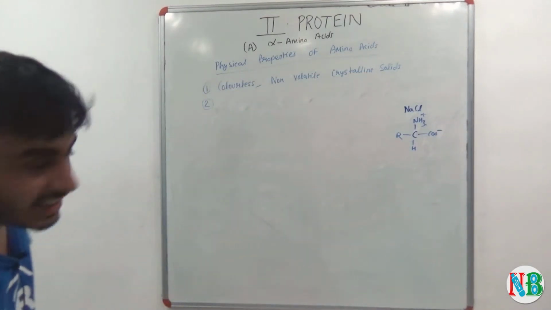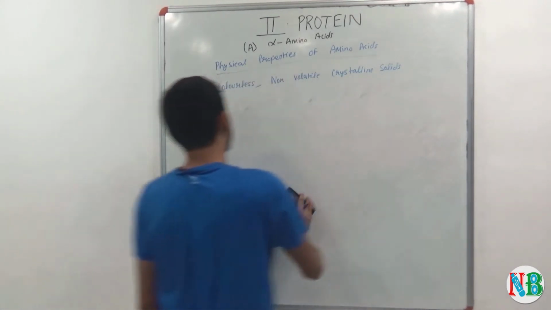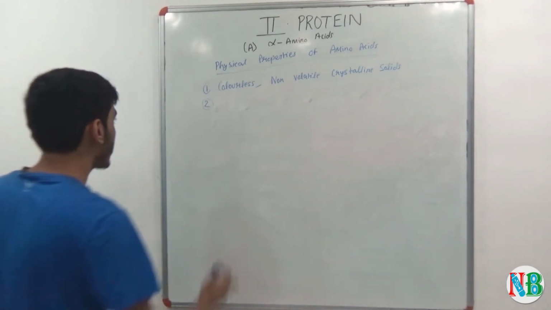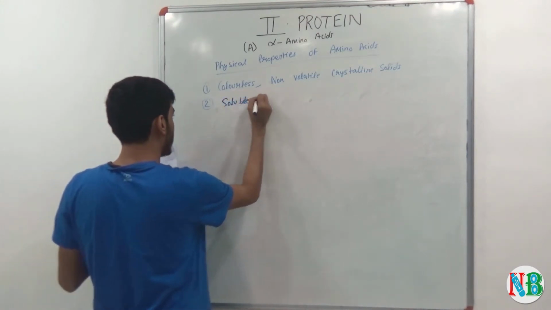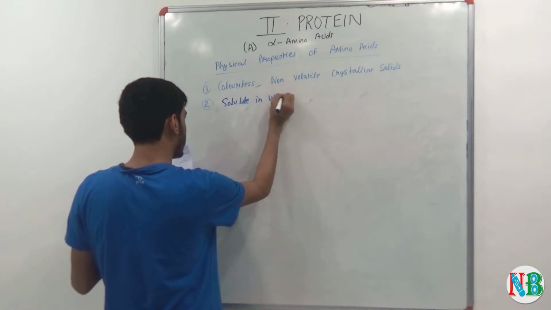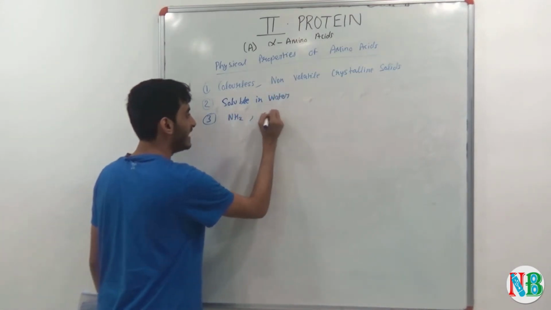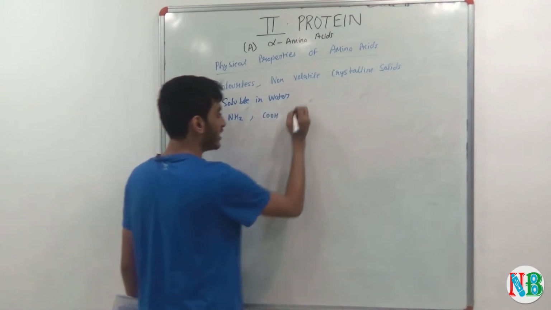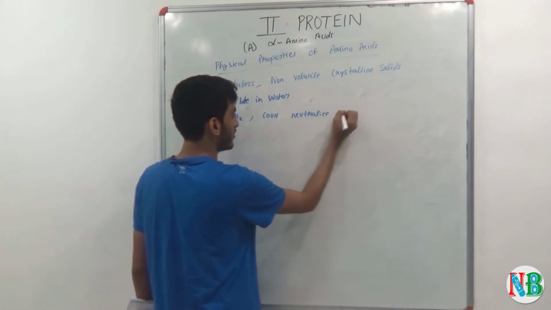So it is ionic in nature. So anything which is ionic in nature is soluble in water. So soluble in water. The NH2 group, which is a basic group, and COOH group, which is an acidic group, neutralize each other.